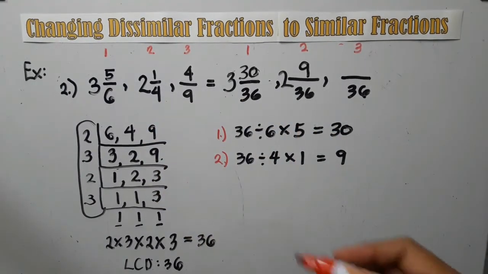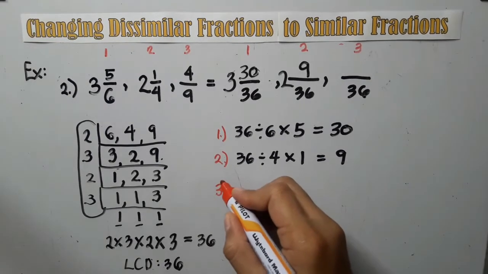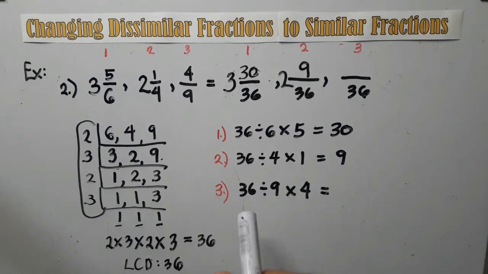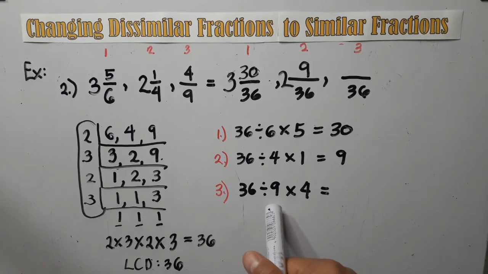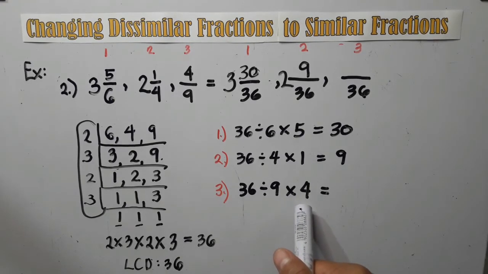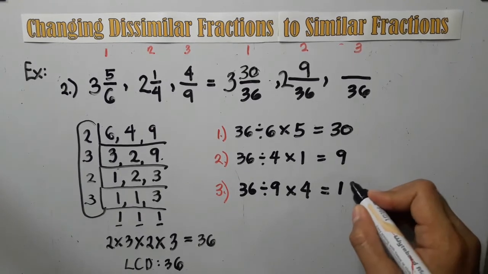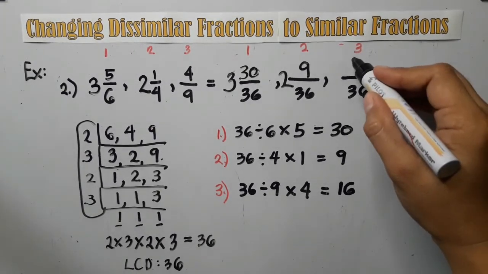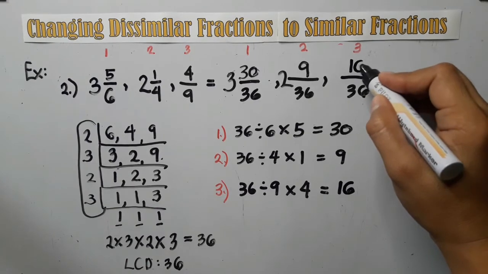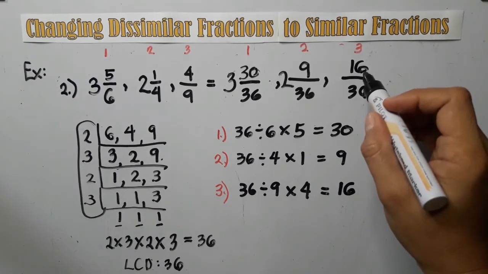Then, we will get the numerator for our fraction number 3. So, you have 36 divided by 9 is 4 times 4. So, the answer is 16. So, our numerator for fraction number 3 is 16. How did we get 16?